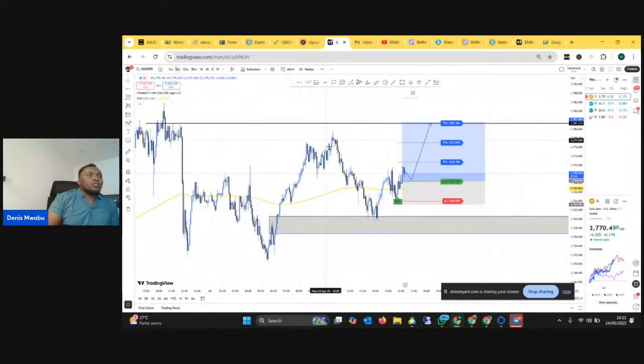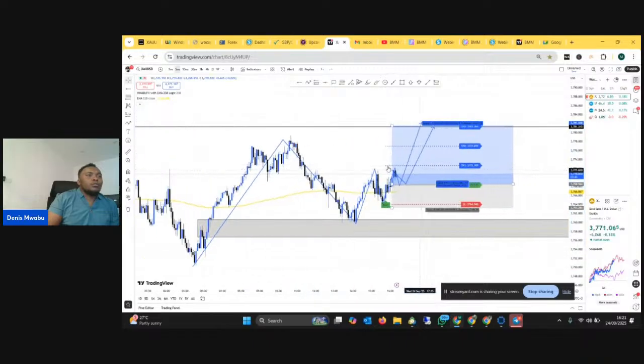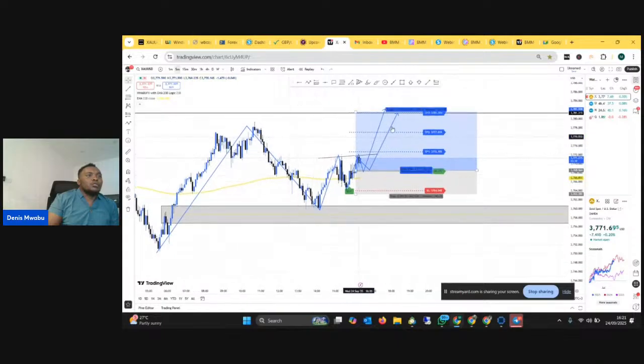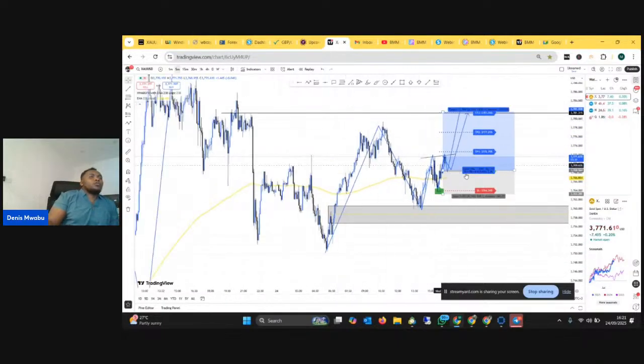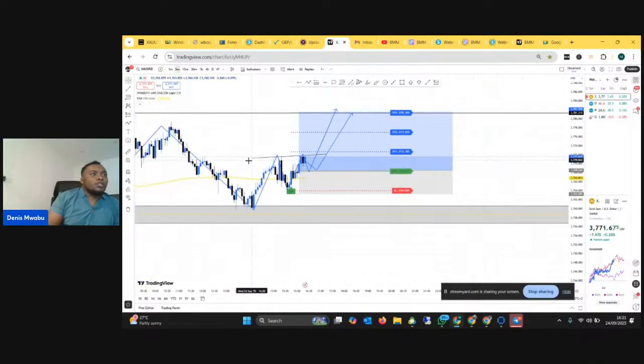You can see this is what is happening. It came here, created this new high, created new low. Okay, it's already forming two equal highs. I'm expecting those equal highs to be swiped out for it to push up very quickly. The best way to enter this trade would have been down here.